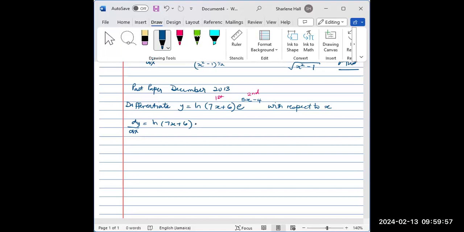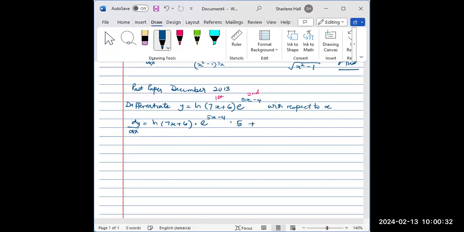When I differentiate the exponential function, I get the exponential function itself. So I'm going to get e to the 5x minus 4 times the differential of the power. When I differentiate the power, what do I get? 5. So it's going to be times 5.